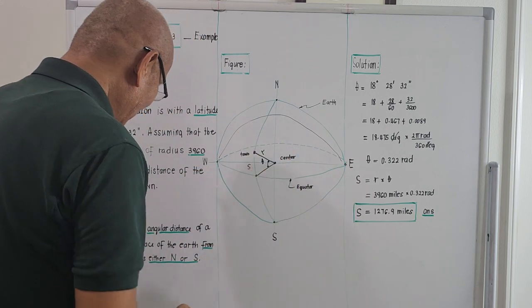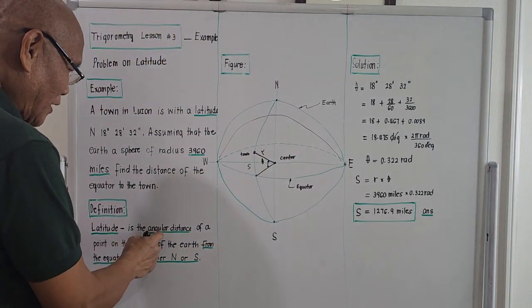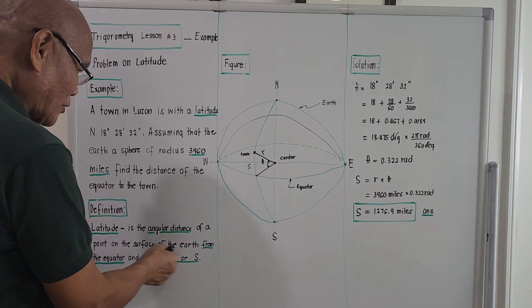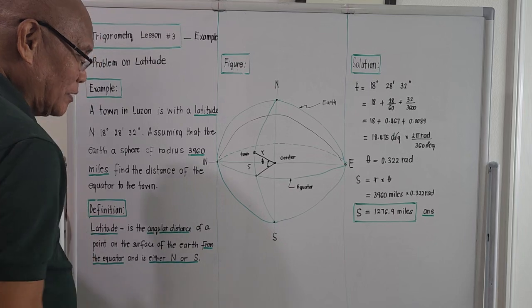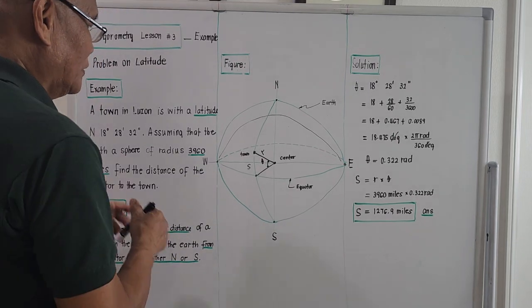So according to the definition, latitude is the angular distance of a point on the surface of the Earth from the equator, and is either north or south. It is something like this.